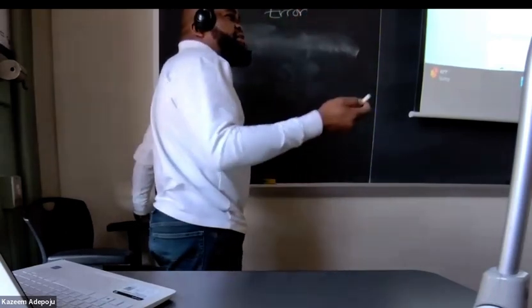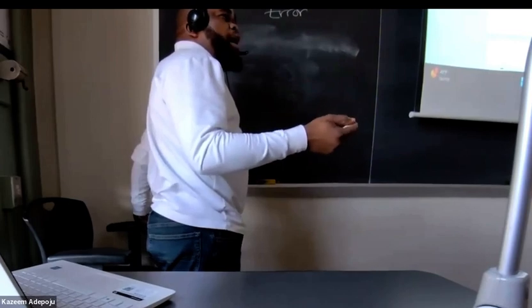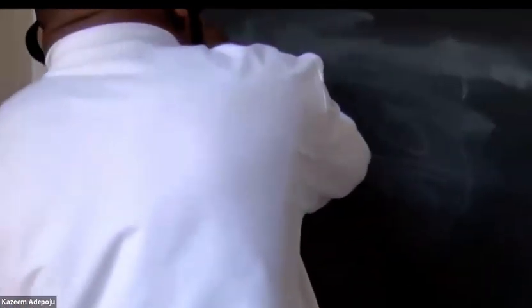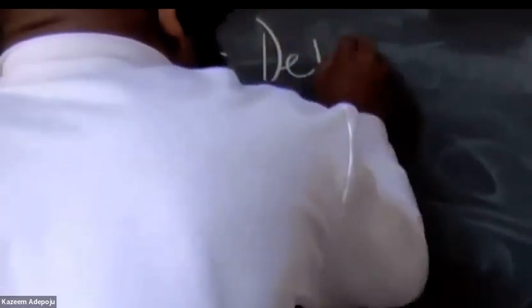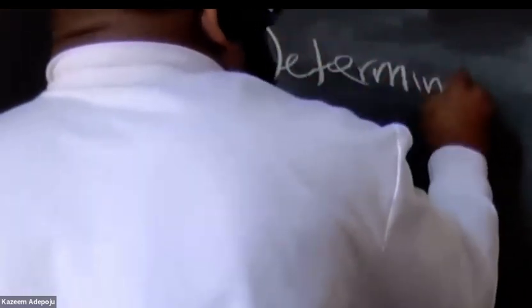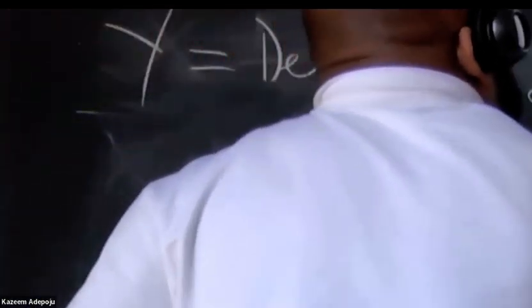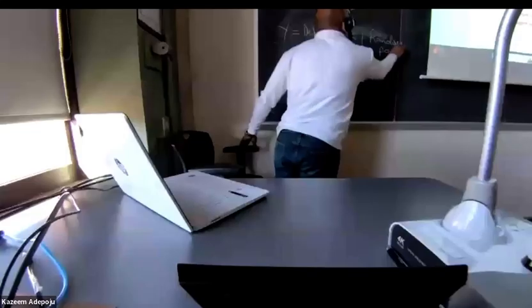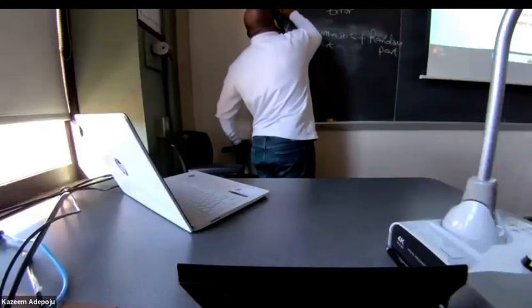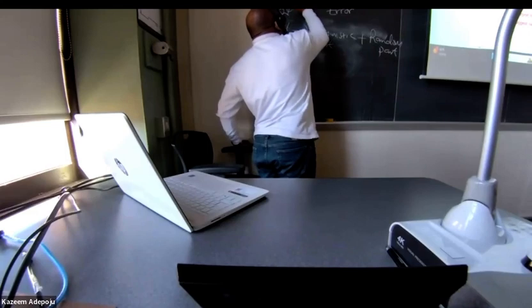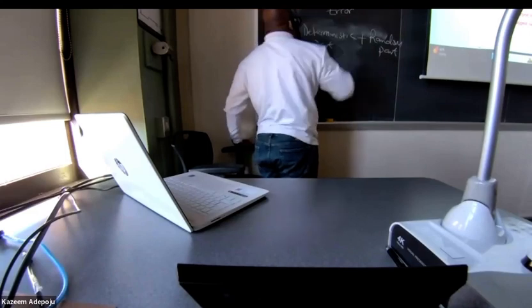In fact, this is the reason why we normally write a model as y equals the deterministic part of a model plus a random part, where y is the response variable.